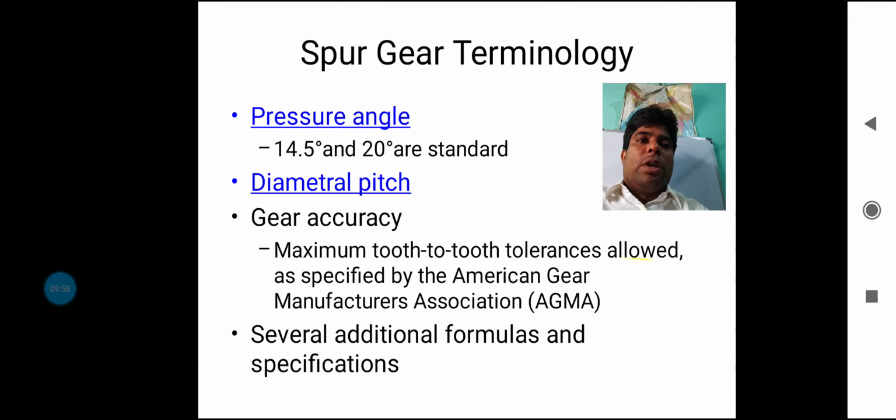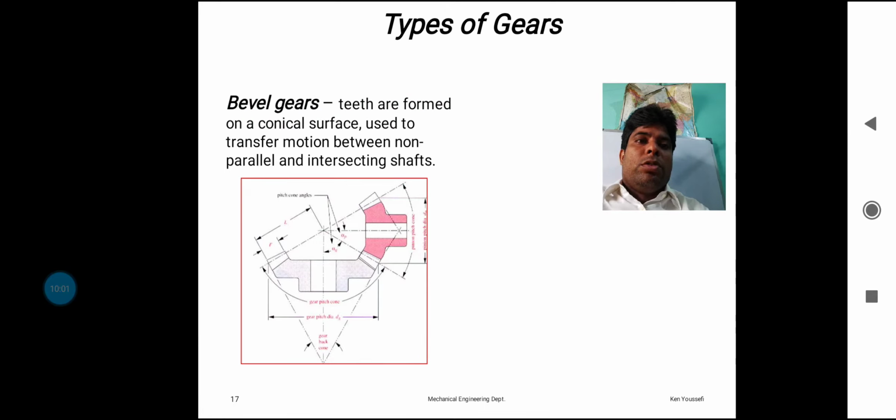Another point is the bevel gear. Bevel gears come in different types. The teeth are formed on a conical surface, used to transmit motion between non-parallel and intersecting shafts. If you see the figure, the black portion on the right-hand side is the main shaft, and another shaft is in the upward direction, and the white section is also shown in your figure.